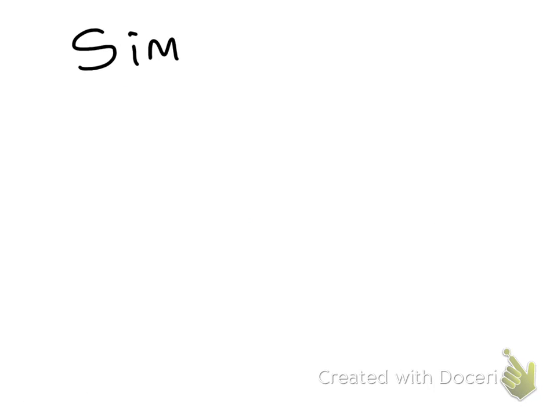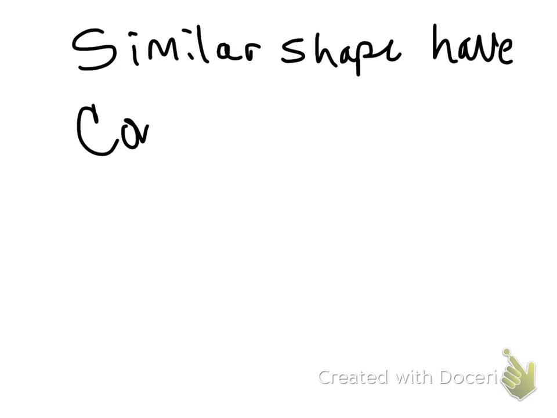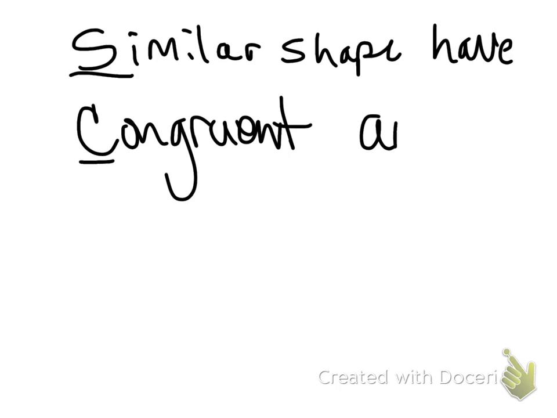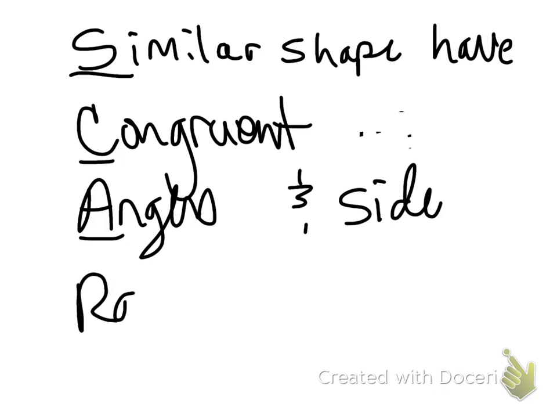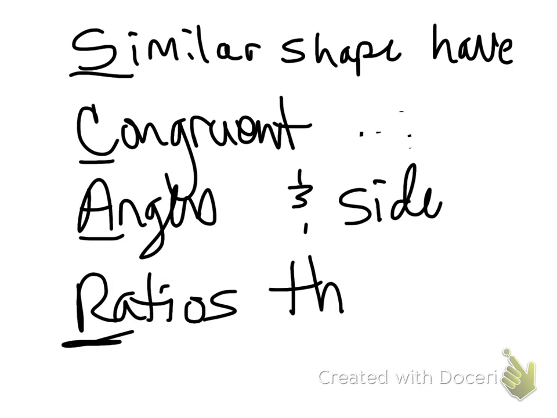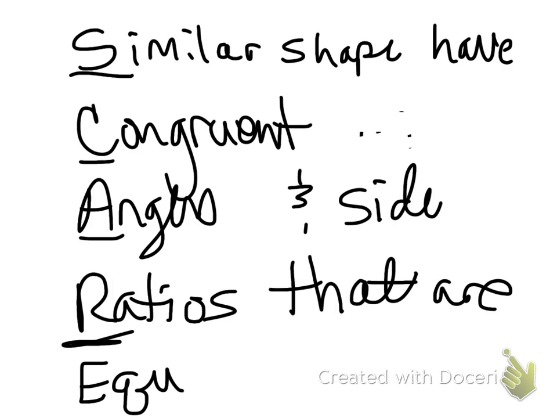Scale is similar shapes have congruent angles and side ratios that are the same, or that are equal. Okay, that's scale.